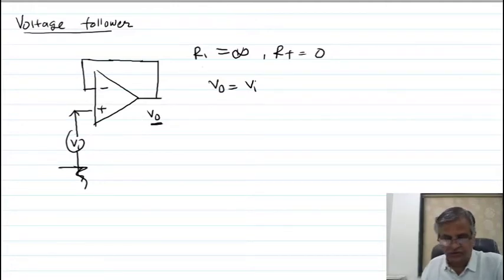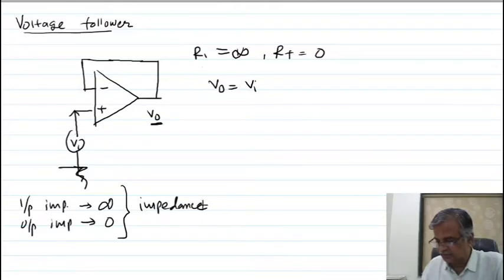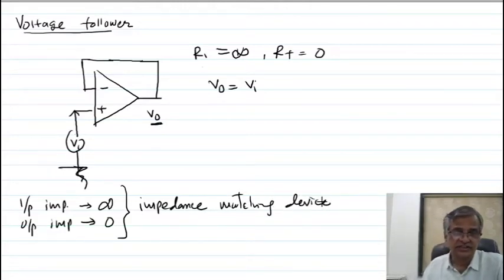This voltage follower has a very high input impedance and a very low output impedance. Due to this reason, this circuit is known as an impedance matching device. It can be used to match the impedance between two stages.